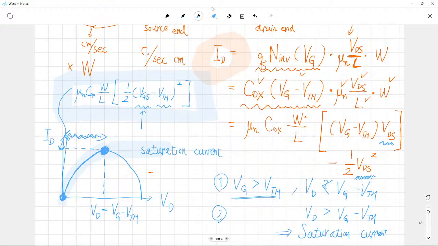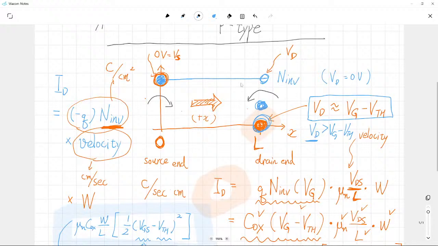If we have just a uniform channel, this first term corresponds to a current increasing linearly with VDS. However, due to the effect of charge reduction at the drain side, we have a reduction of current, and that is the main reason why we have saturation.